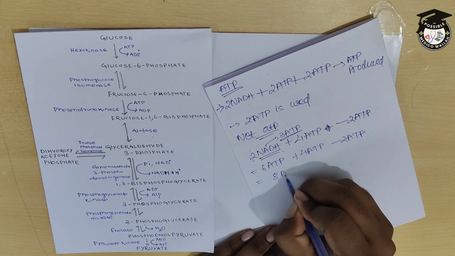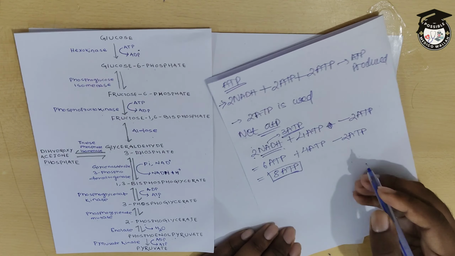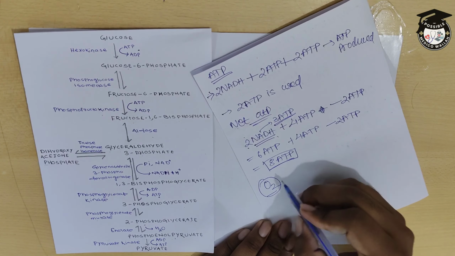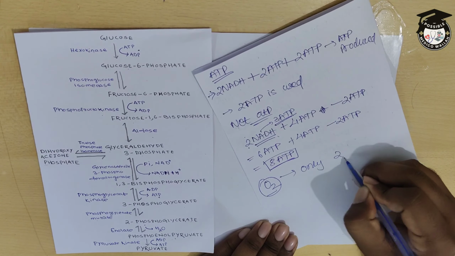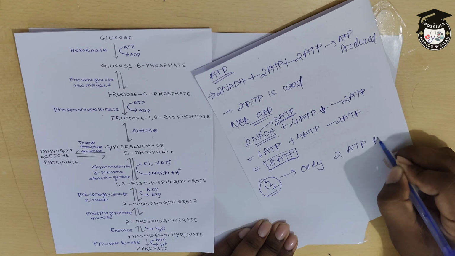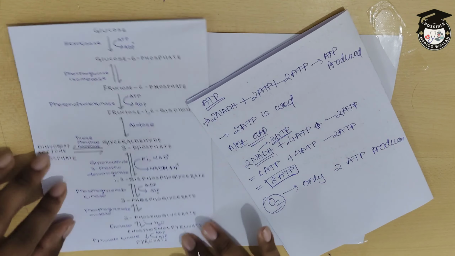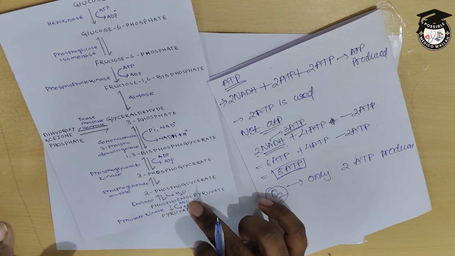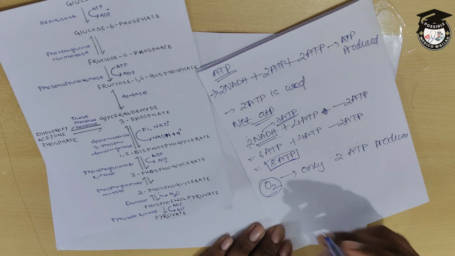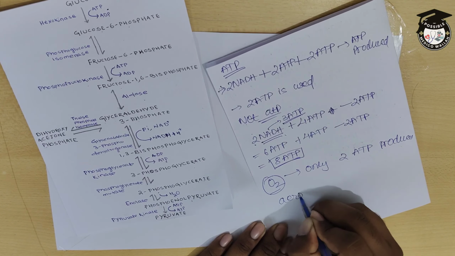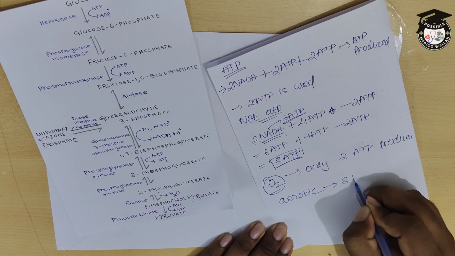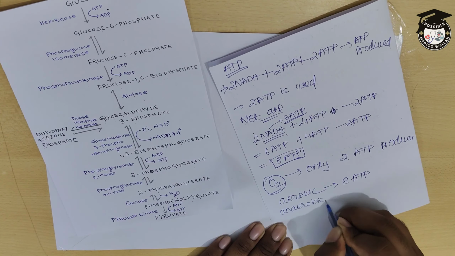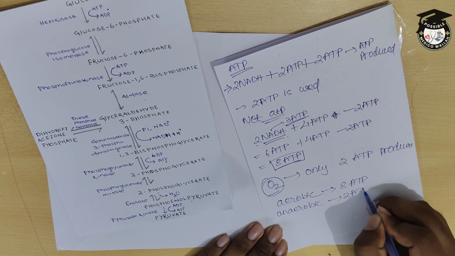Total is 8 ATP produced. But if oxygen is not present, then only 2 ATP are produced, meaning only this step will happen and this step will be absent. So in aerobic conditions 8 ATP, in anaerobic conditions 2 ATP.